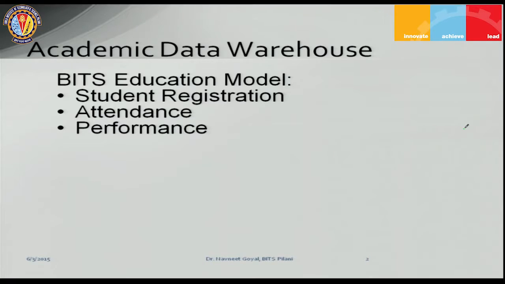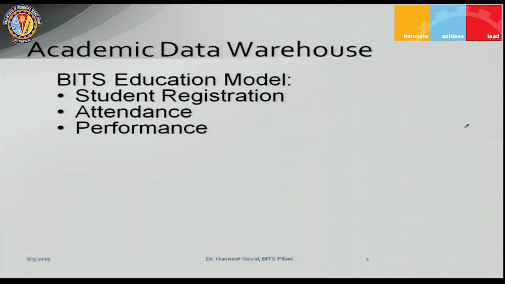Now if you look at it, student registration happens once in a semester, and performance is also recorded for every semester. So let us assume that we are not recording the mid-semester grades. These are the three processes that we are going to look at in this particular case study.